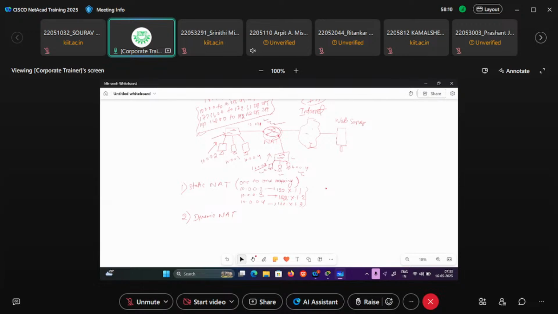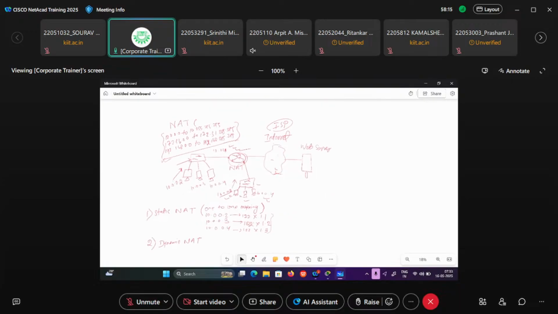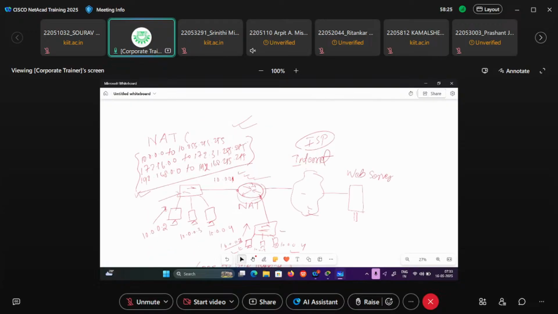So you know the ranges of that public IP. At the beginning of the session, I defined the ranges for the public IP and private IP. If you know the private IP range, the rest of the IPs are called public IPs. Just see on the screen. If you start the IP from 10.0.0.0 to 10.255.255.255, that is the class A private IP range.